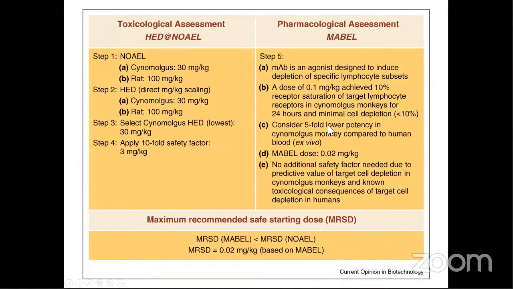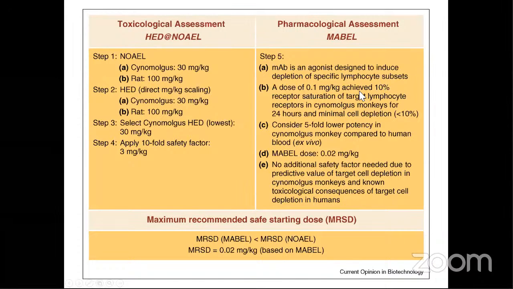But in the case of biologics, there is this additional step, incorporated as a strategy after 2006, the concept of MABEL, where the monoclonal antibody is known. Now we are going into the mechanism of this antibody. It's a hypothetical antibody, which is a known agonist to induce the depletion of a lymphocyte subset. For that, a dose of 0.1 milligram per kg is achieved.